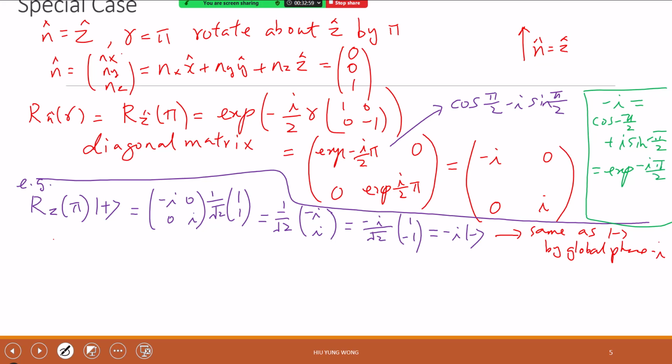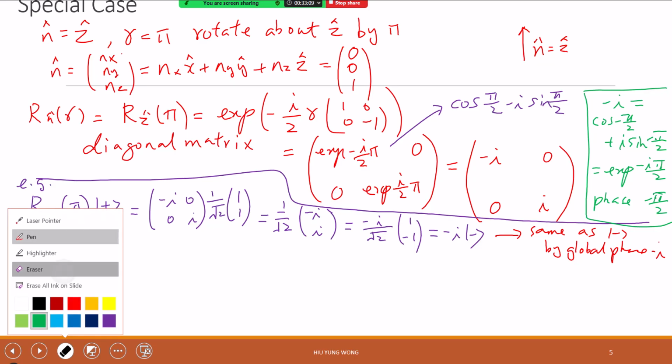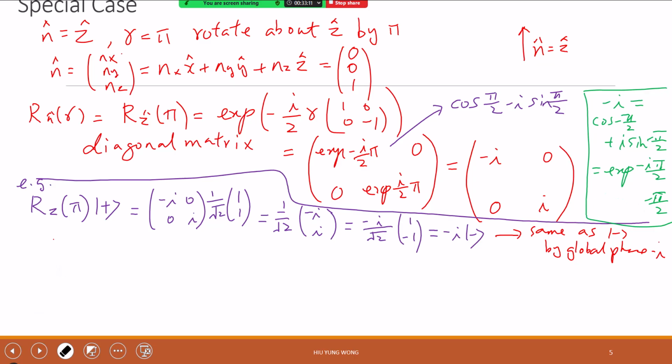So the global phase is actually negative pi over 2, right? So this is the phase, right? Sometimes when we say the phase, we only refer to the angle. Sometimes we just say it loosely as e to the power i angle. It is okay, right?